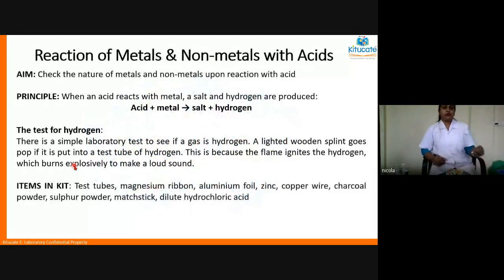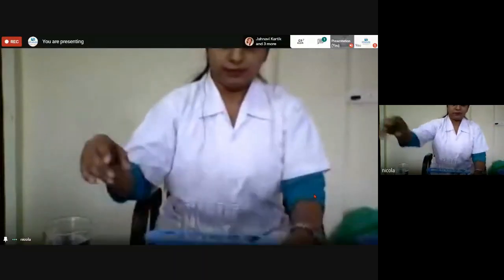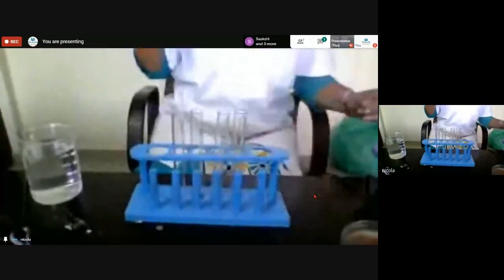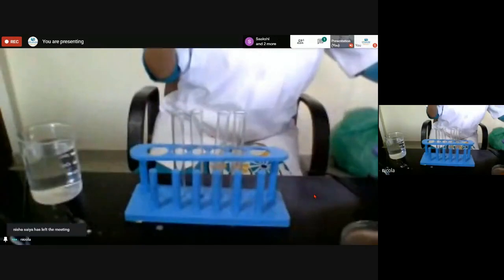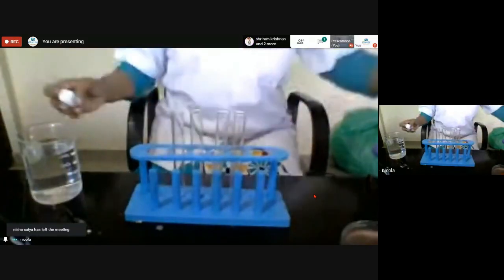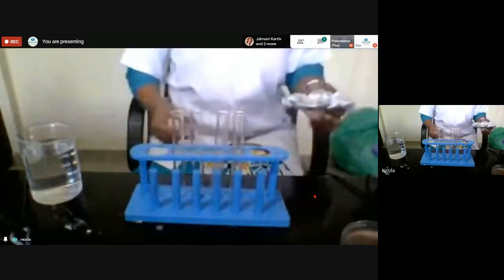Okay. So reaction of metals and non-metals with acids. This is aluminium foil.